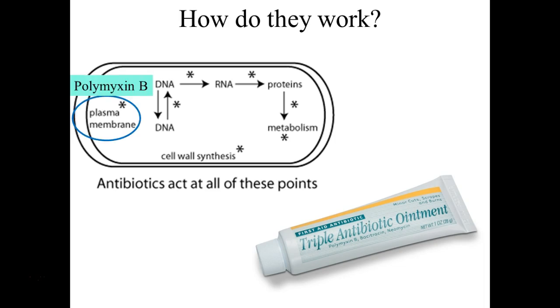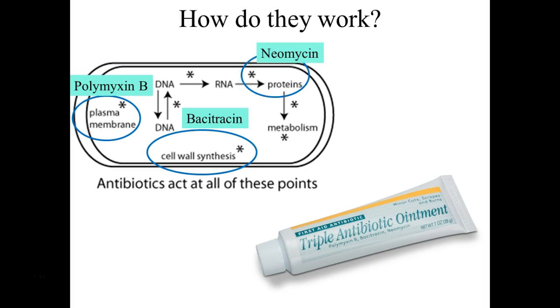So polymyxin B interferes with and disrupts plasma membranes. And the bad news with this one is that it can be toxic for us too, which is why, in a moment, it says what it says as far as triple antibiotic ointment. Next one is bacitracin, which is another one that interferes with cell wall synthesis, but it's another one you don't want to take internally because it can be toxic.